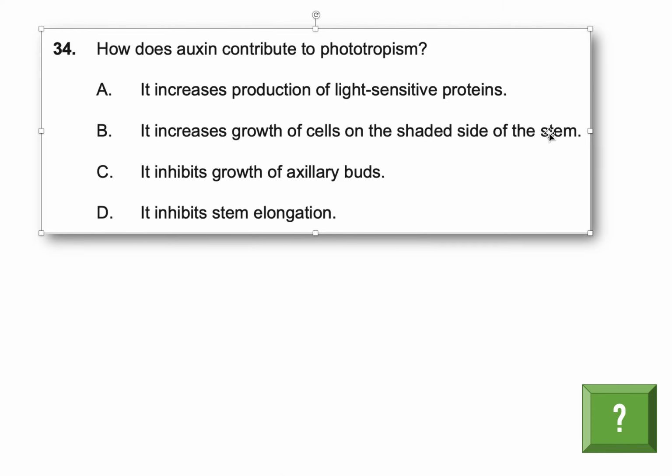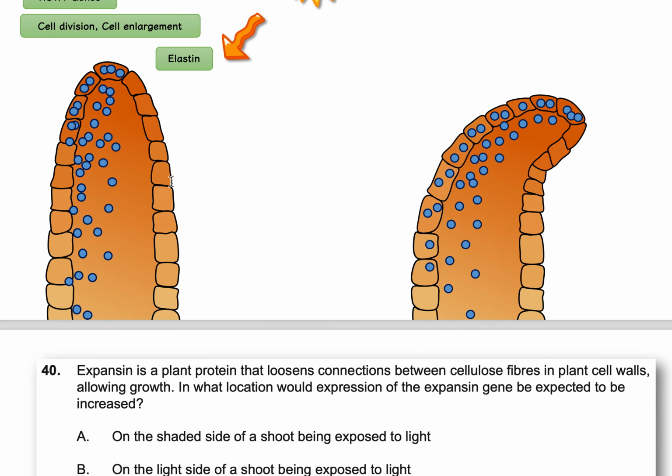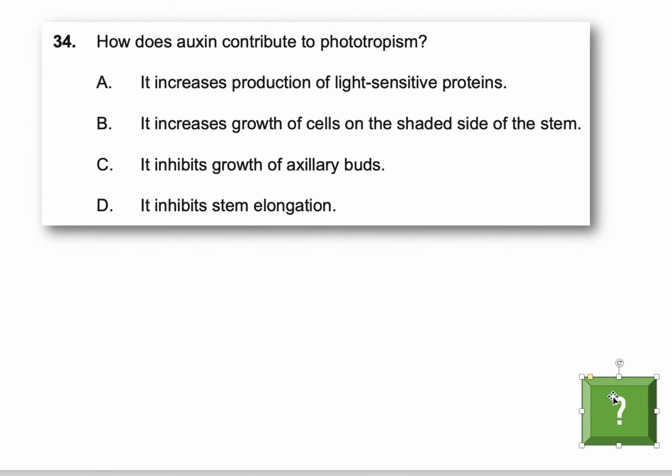That's true, right? The shaded side is the opposite side of the light, and it increases growth of those cells, causing them to be elongated and bigger. So it's going to be B. It doesn't make anything related to light-sensitive proteins. It doesn't inhibit axillary buds. And it definitely doesn't inhibit stem elongation. It increases stem elongation. So it's going to be B.